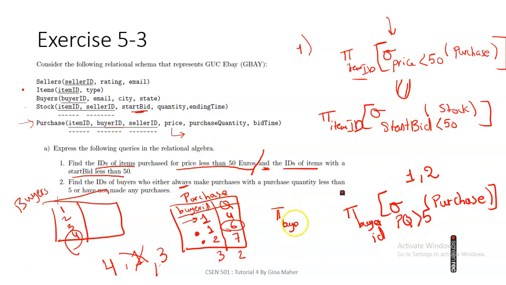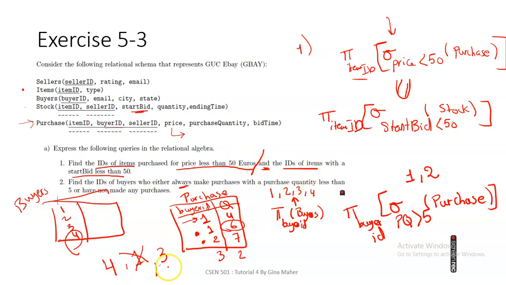buyer ID from buyers. This one will get us all the buyers in this table, which is in this case 1, 2, 3, 4.